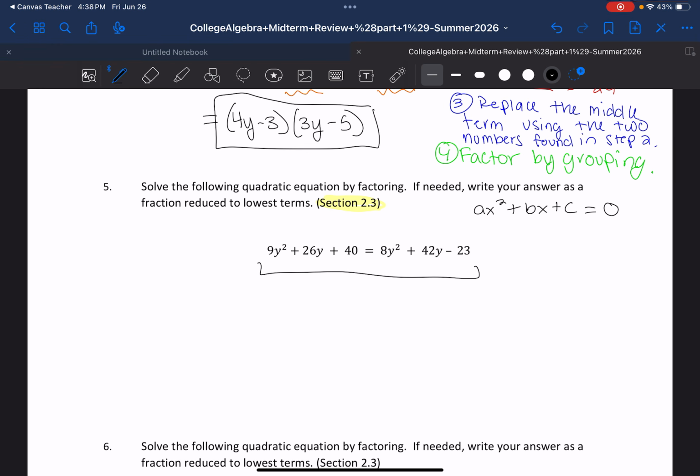The main thing that makes it quadratic is that there is one variable, x or y or whatever the variable is, and you have one squared and one not squared. That's what makes it quadratic. Okay, but of course it's telling us that, so that's fine. So you could have this on your flashcard if you needed to.